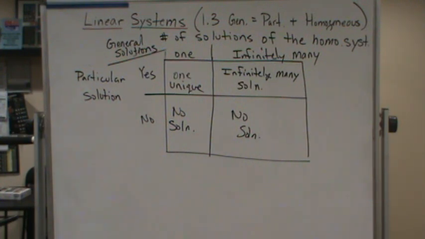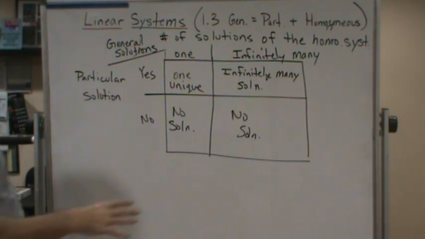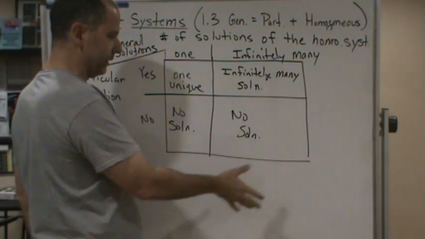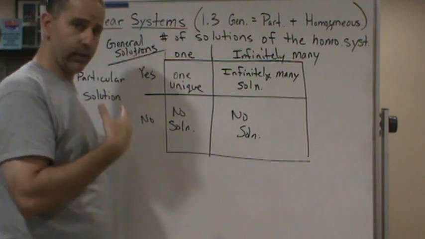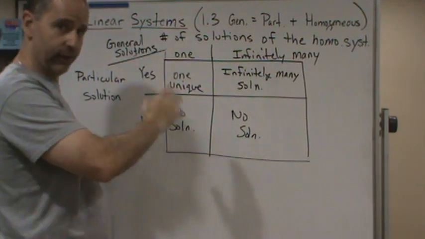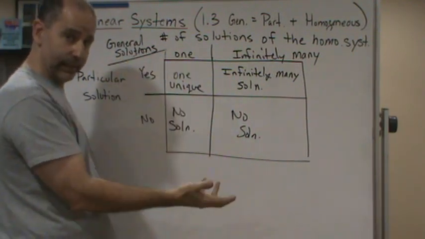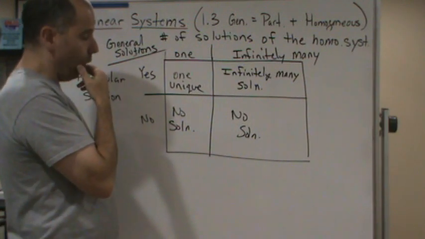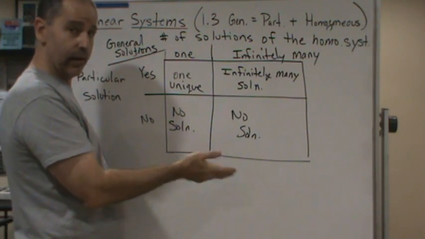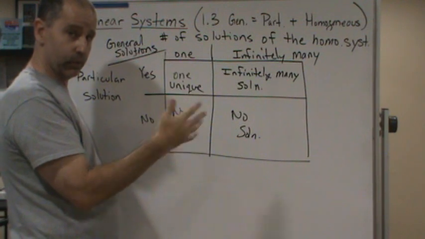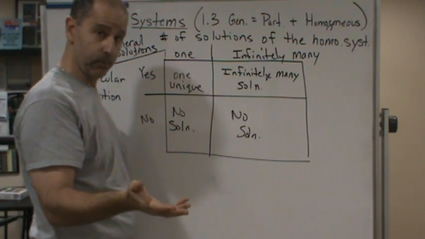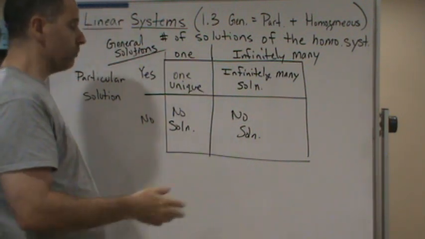So when we do our row reduction on the left-hand side, we're either going to end up with every variable becoming a leading variable, or we're going to have variables that are not leading variables. In other words, they are free, right?